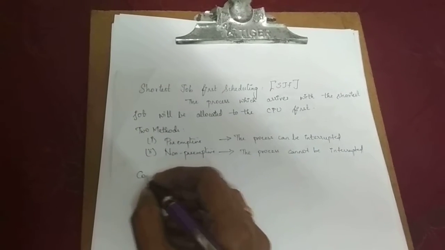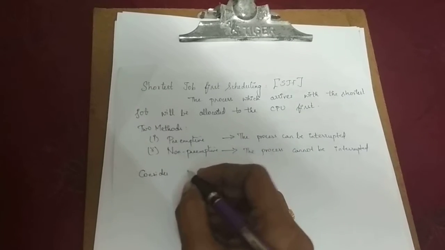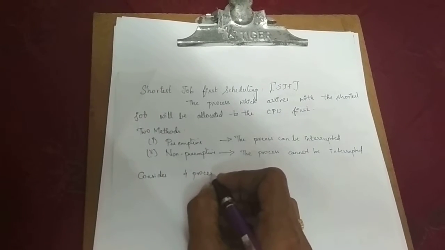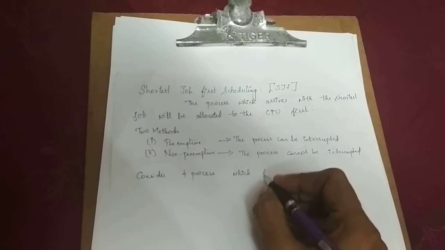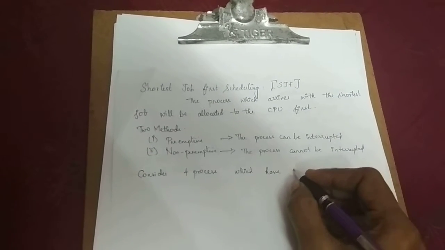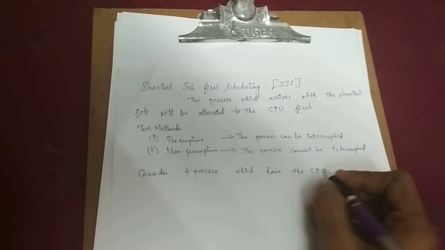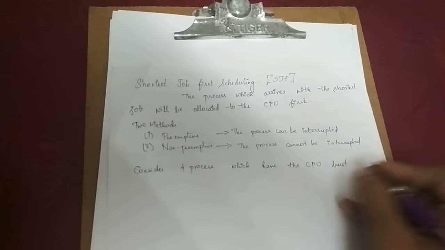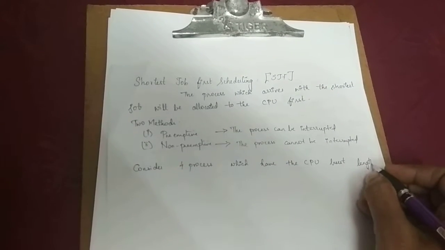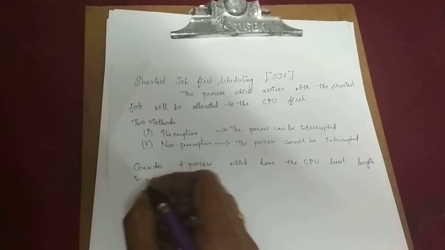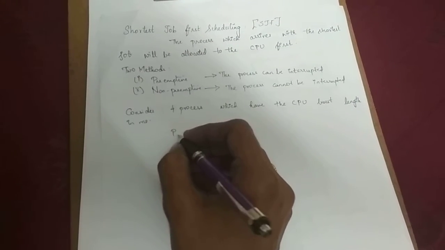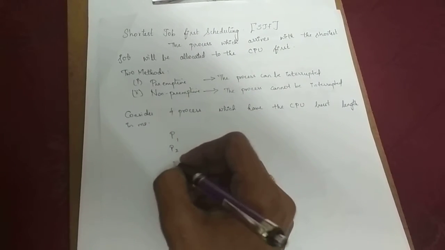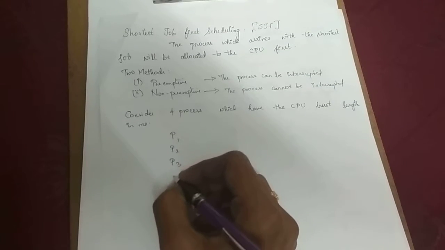So consider four processes. We are considering four processes which have the CPU length in milliseconds: P1, P2, P3 and P4.